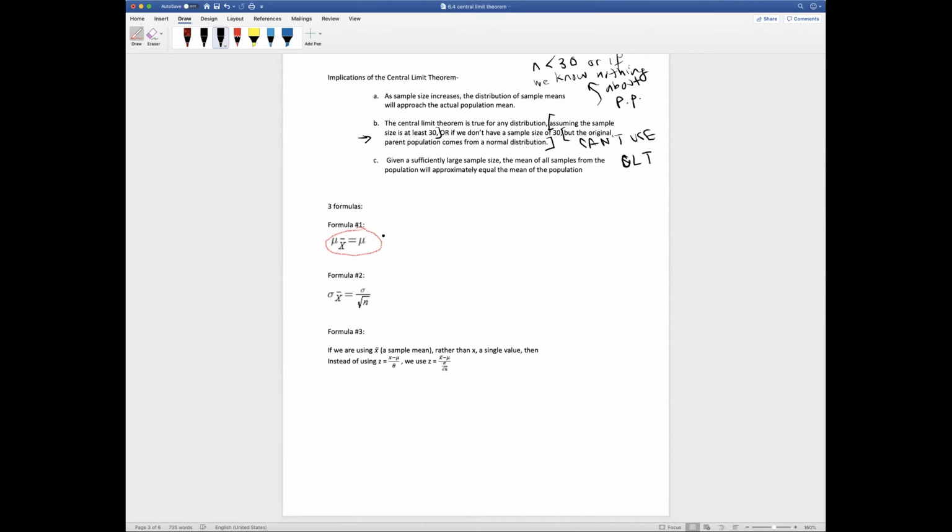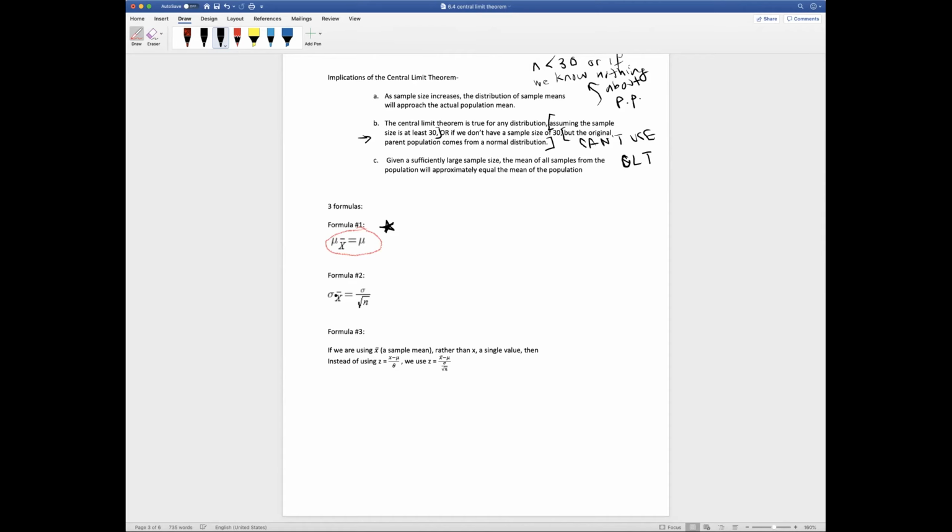We're going to come up with that in a little bit. You don't have to memorize this, but you do need to know that this is going to come into play. Now this you do need to know. And what we're going to do in formula number 2 is talk about how that applies to formula number 3. If we don't know the standard deviation of the population, again, it's really hard to get our hands on that.